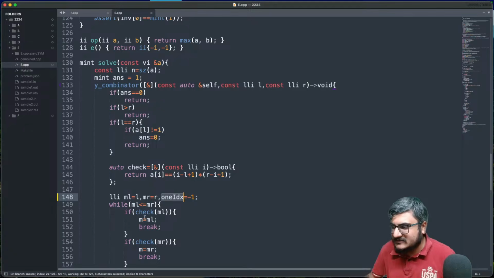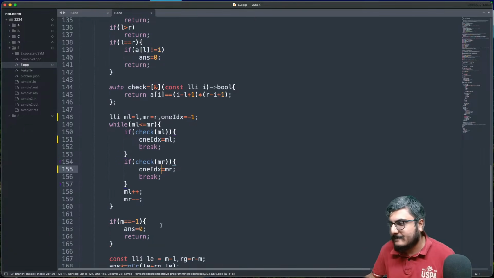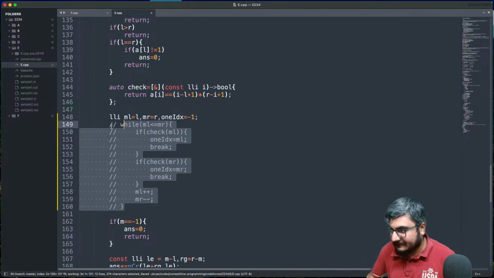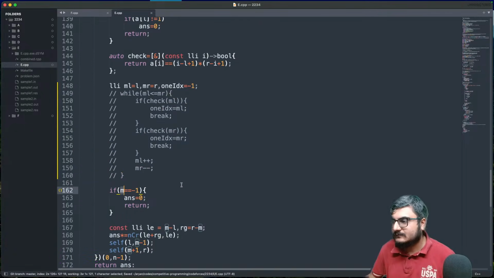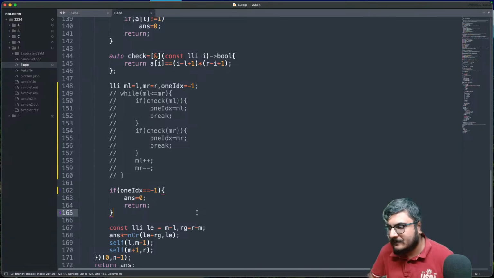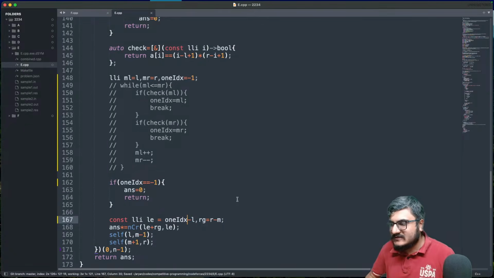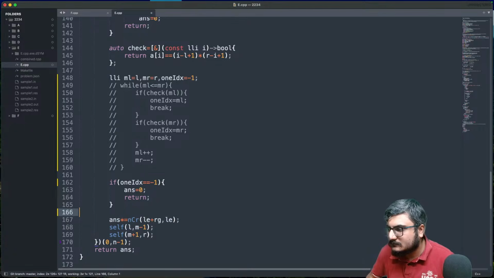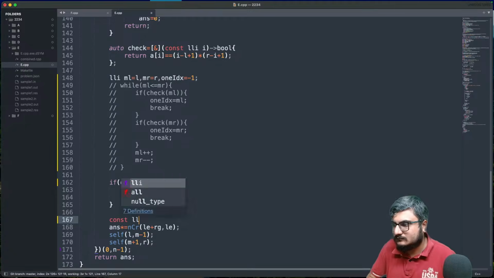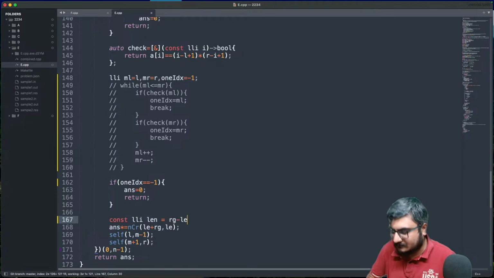Let's say there is some black magic for now. Let's skip it. If I did not find the position of 1, then the answer is 0. Otherwise, left length, my array is like this.